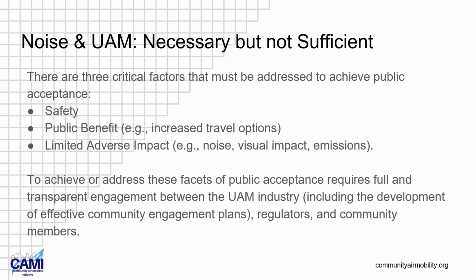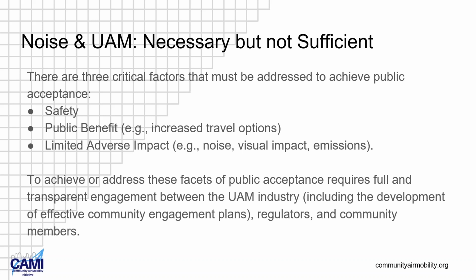The second aspect is public benefit. The communities have to see that these aircraft benefit them. So having aircraft that are simply flying limos for the rich will not bring us to public acceptance. These need to be a working part of a larger metropolitan transportation system that makes sense for the general public.